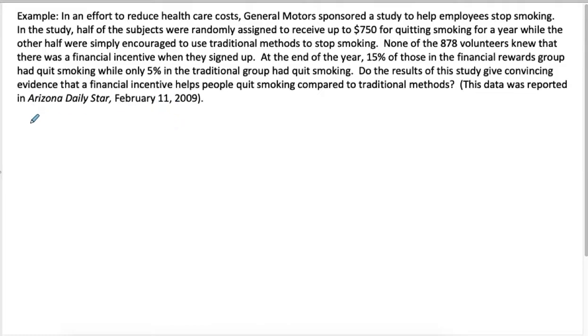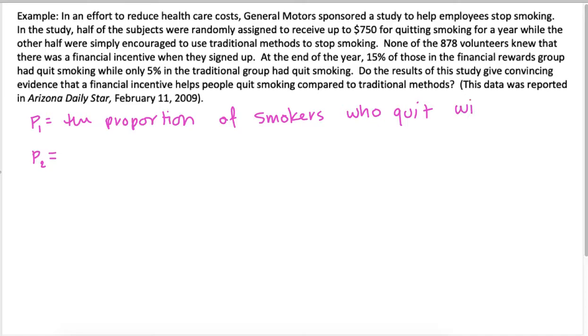All right, so we need to first define our two variables, okay? We are going to look at the first and second one here. And so as we look at the first one, I'm going to say this is the group that had incentive. And so this is the proportion of smokers who quit smoking with the incentive, so money incentive.